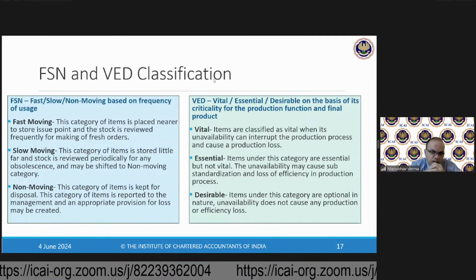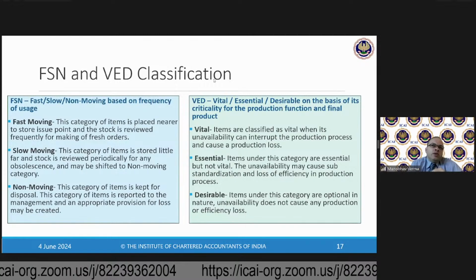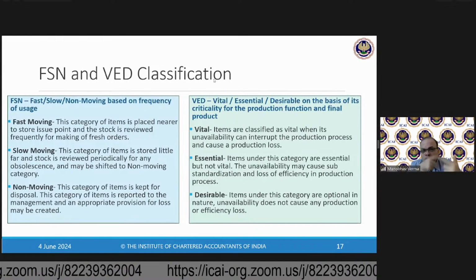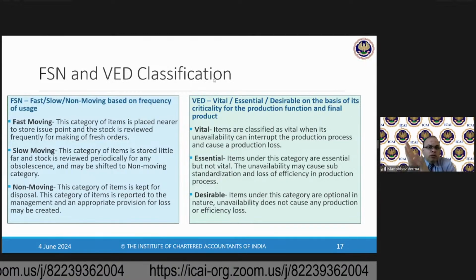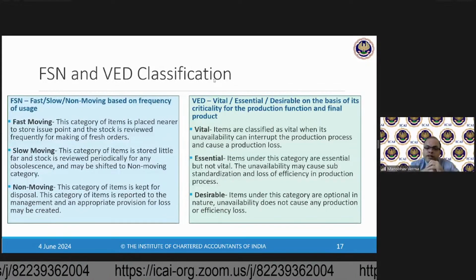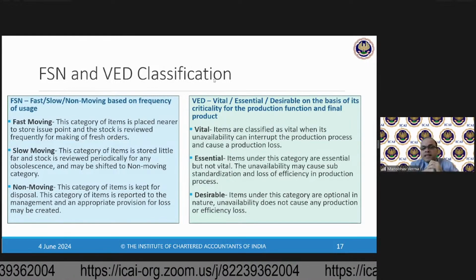Now, should there be inventory in the slow moving or non-moving categories? As I said, depending on the production requirements, the top line requirements, the taste and preferences, and the composition of the final products, lots of factors could result in a shuffling of these categories, guys.